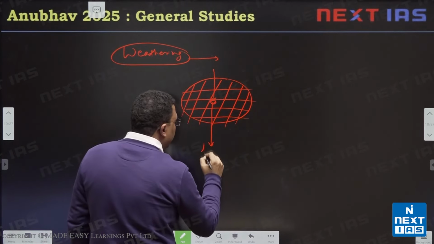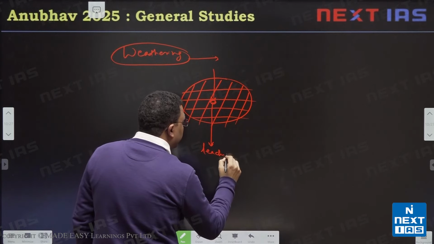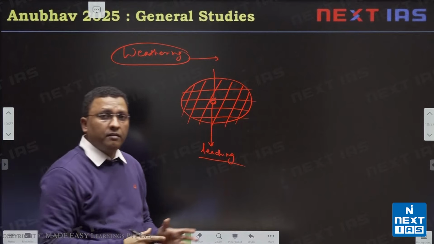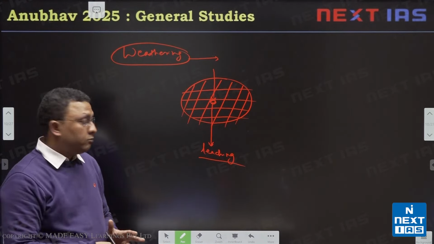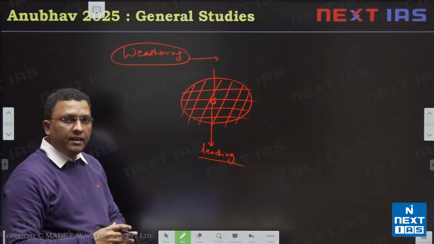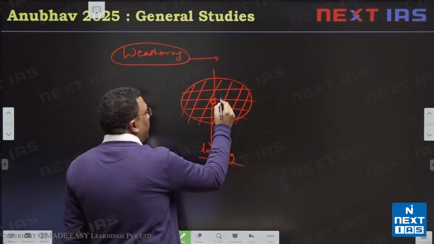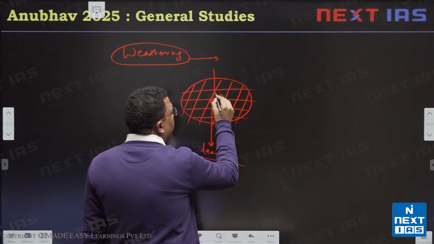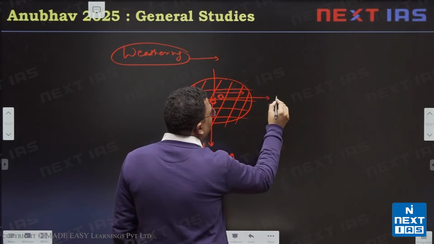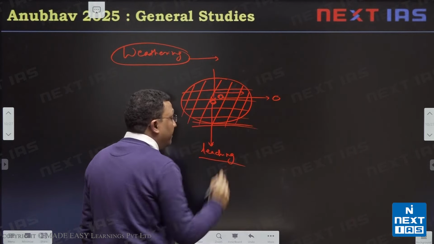So this is what is called leaching. When any matter moves downward along with water or other forces, this is what is called leaching, right? Likewise, let's say this is another rock particle and air is moving this side, so it may blow away this particle away from this decomposition side, right?